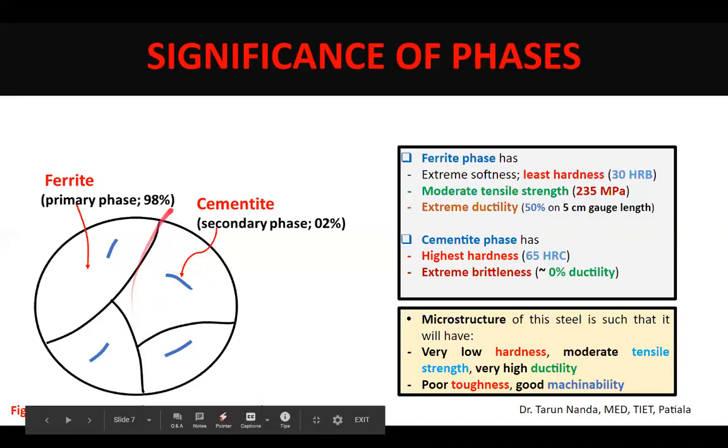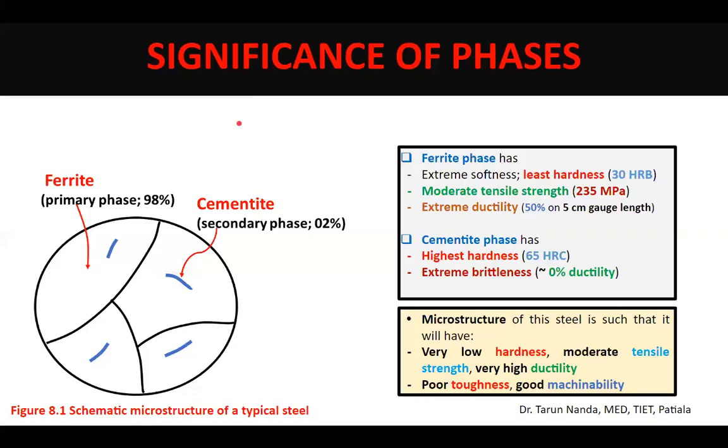Okay, now before I move on to explain how each of these phases would affect the properties of this typical steel, what I need to understand is that every phase, whether it's ferrite or austenite or martensite or cementite, has got its unique set of mechanical properties.